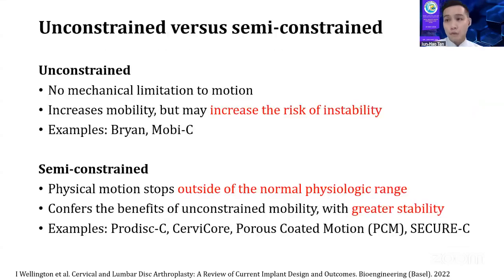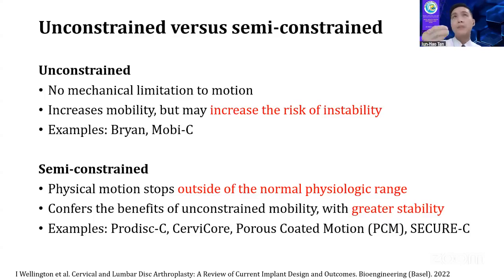First, we talk about a constraint ladder. There are two main types of constraint cervical disc arthroplasty options. We have the unconstrained and the semi-constrained. The definition of an unconstrained cervical disc arthroplasty means that the implant itself does not give any mechanical limitation to motion. Of course, having said that, if you put an unconstrained device into a real patient, eventually the motion will stop.